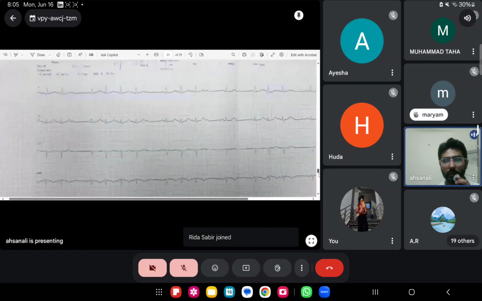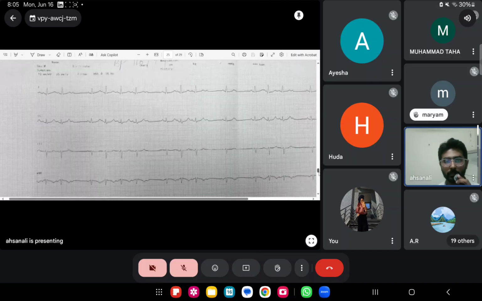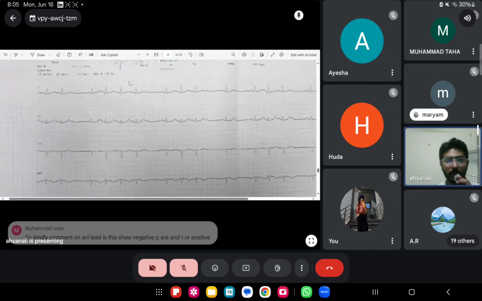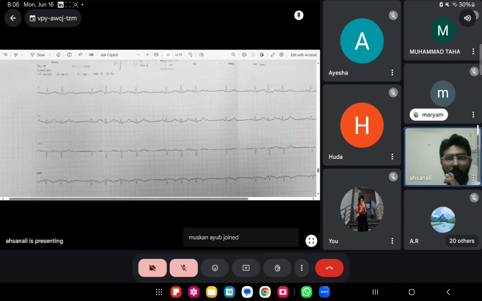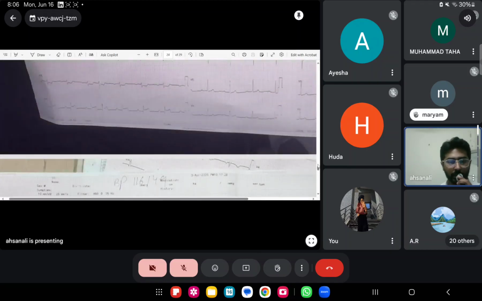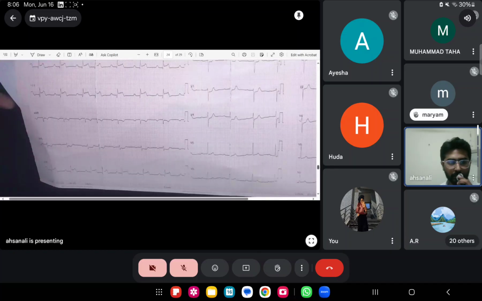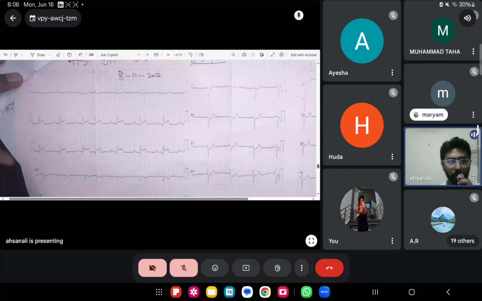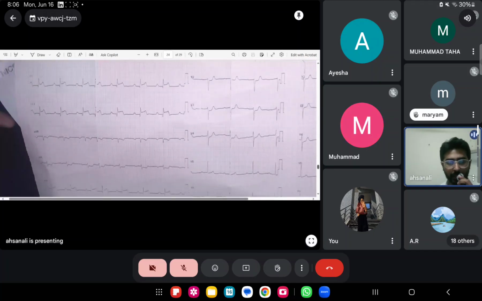Okay, moving on to the next ECG. So the AVL is showing negative in the previous ECG. Okay, let me check. Yes, AVL is going to show you a negative P wave and ST depression here.